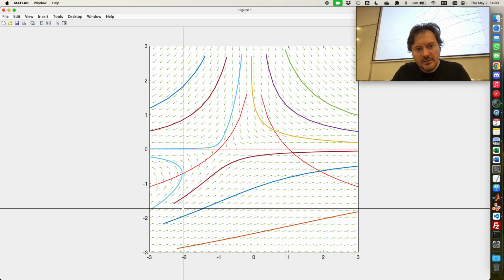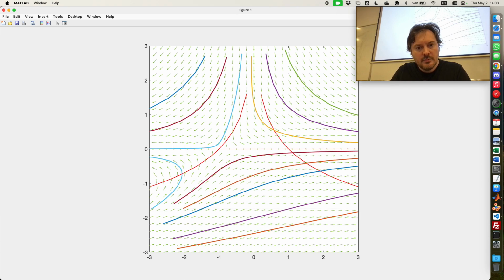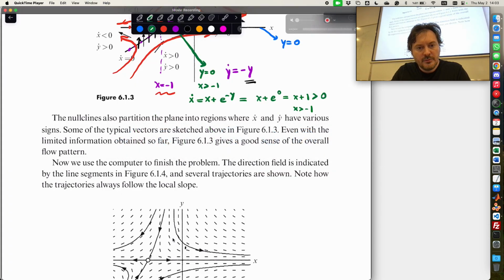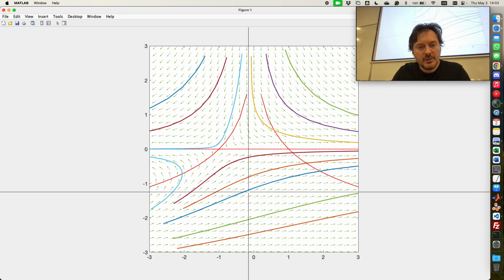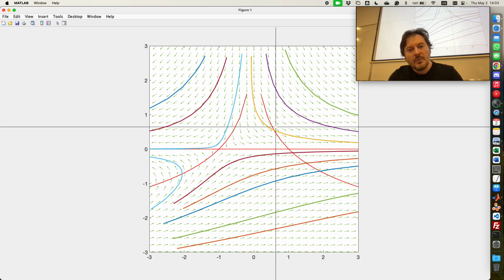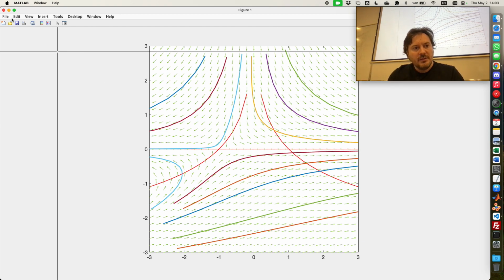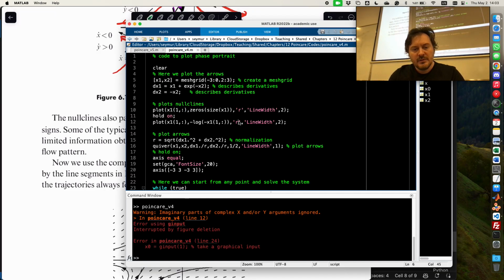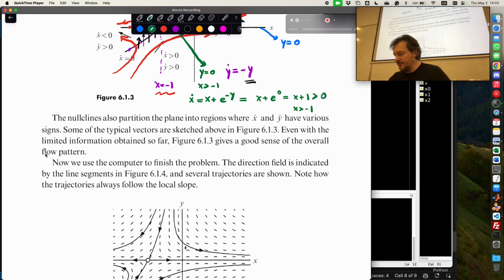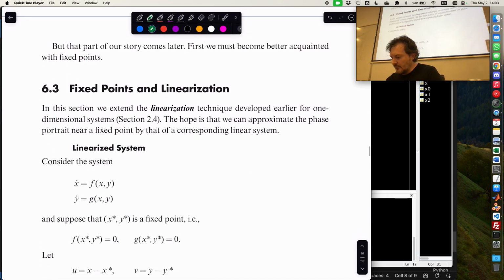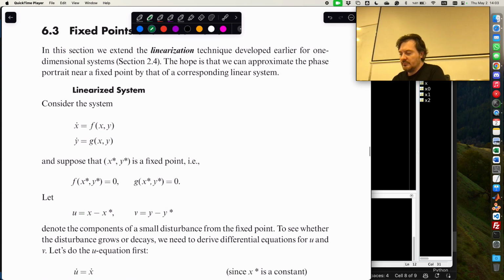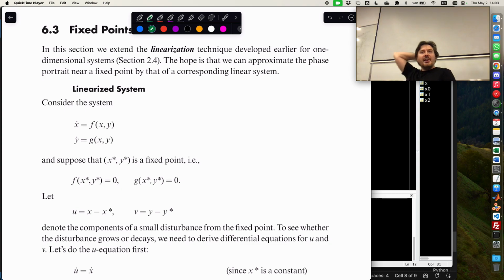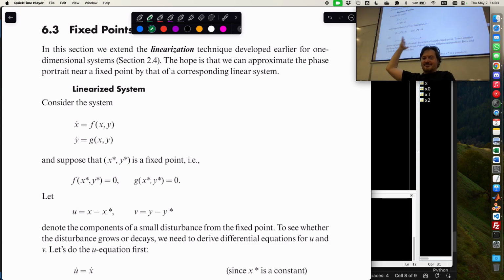And this whole thing looks similar to what we have in the book, right? Okay, very good. But the next examples will get more and more important. So this is important: fixed points and linearization. Do you have any questions at this point? No?